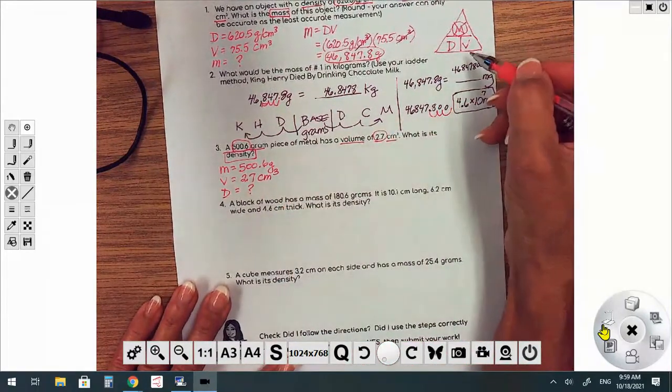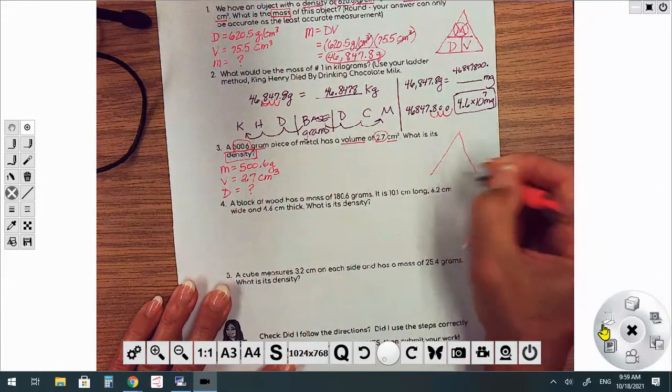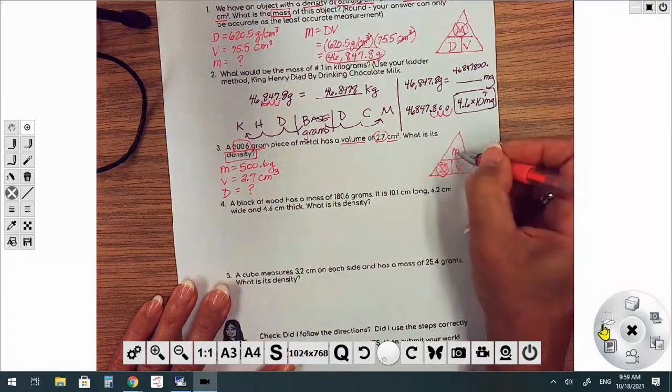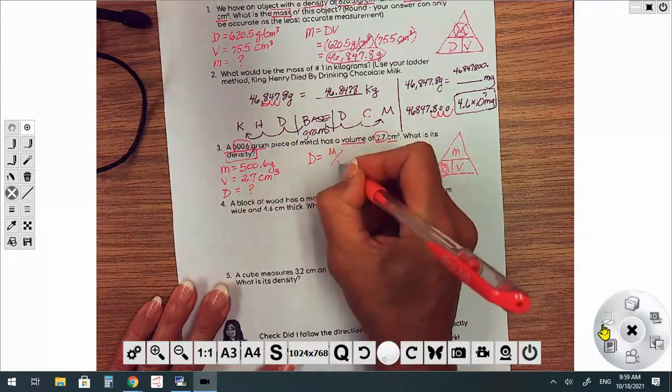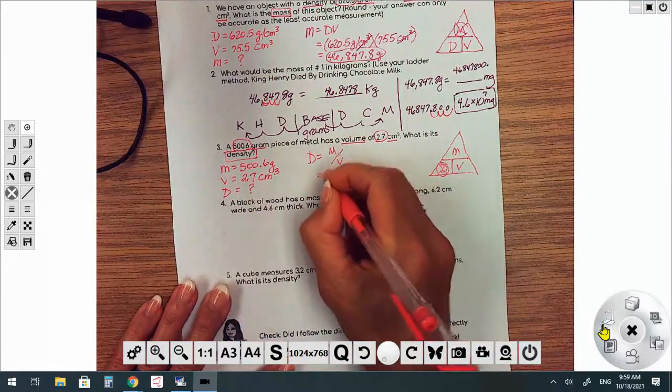Density, looking at our formula, cross out what we're trying to solve for. Let's write it off to the side here. Mass divided by volume, because mass is on top. So let's write out our formula first. Substitute our values that are known with our units.